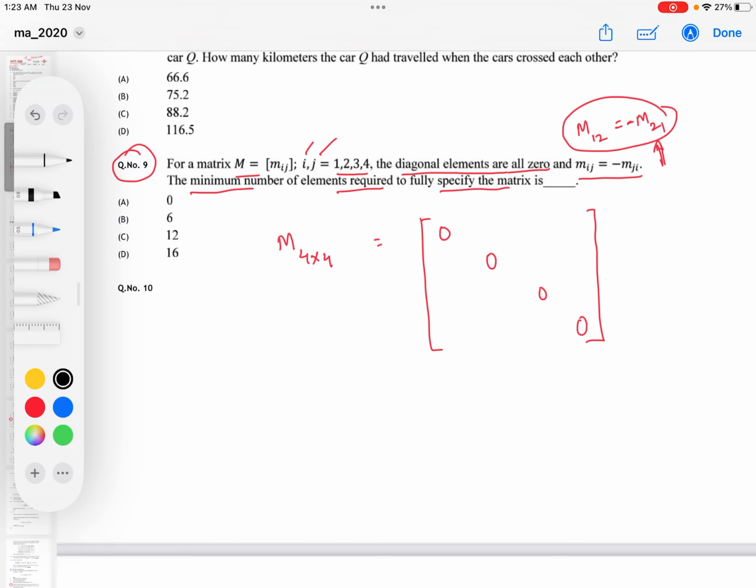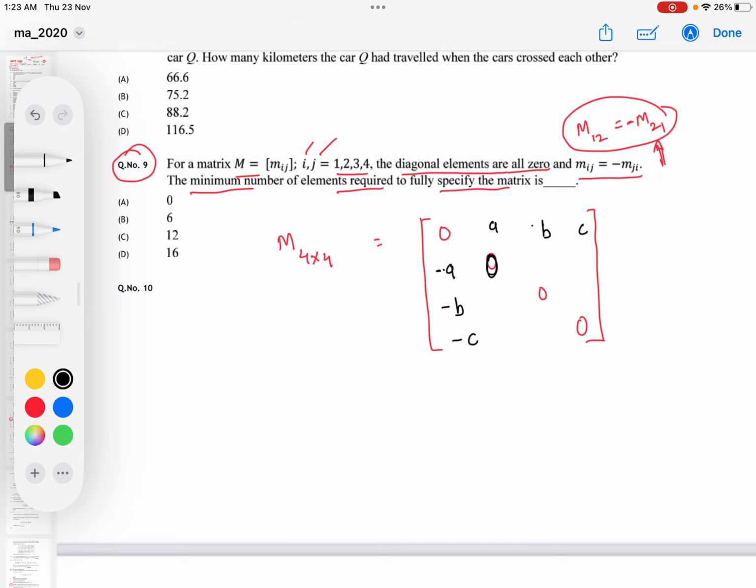If you put a at first row and second column, then here it will be minus a. If you put b here, then here it will be minus b, and if you put c here, then here it will be minus c. It is nothing but a skew-symmetric matrix.